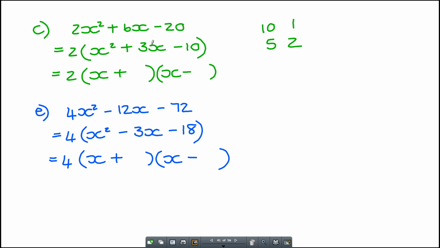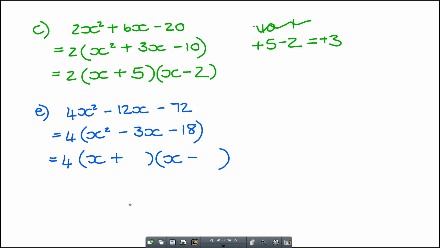Got to use that to get 3. Now 10 and 1 I can't use to get to 3. But 5 and 2 I can actually use. I can say positive 5 minus 2. That's going to give me a positive 3. So plus 5 minus 2.